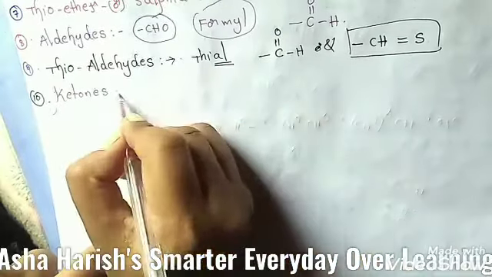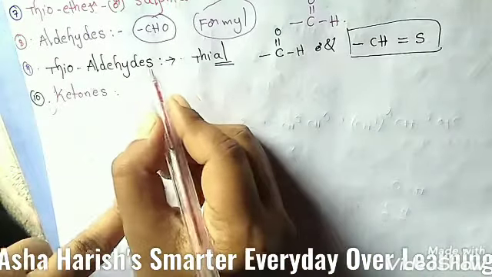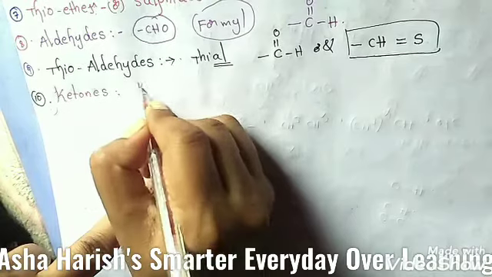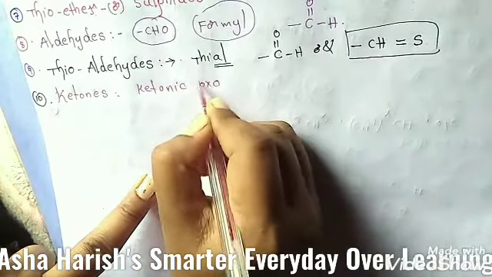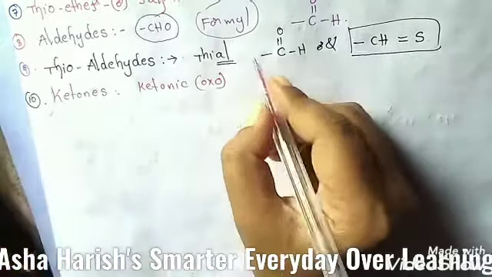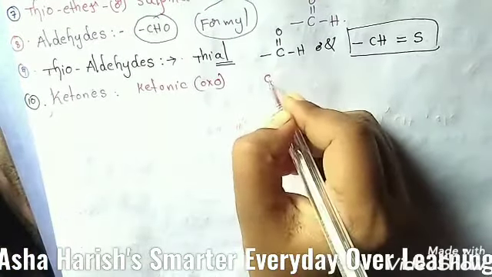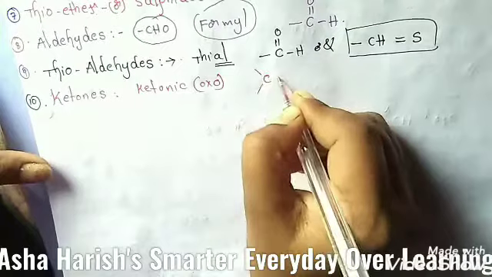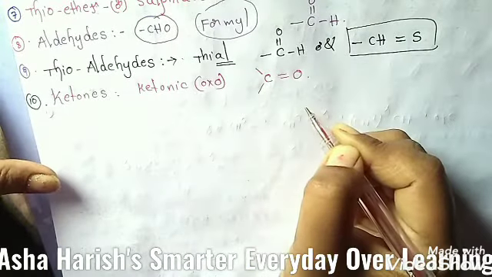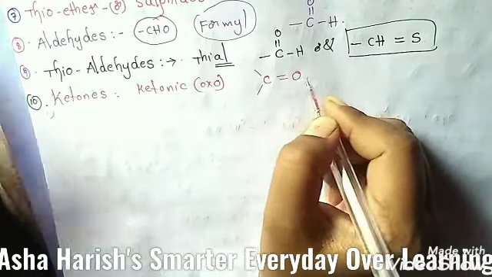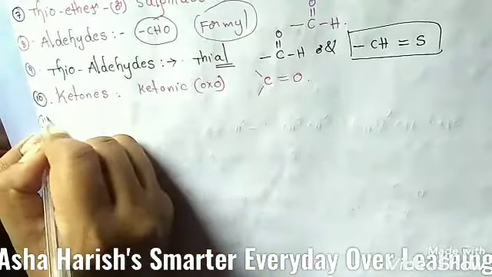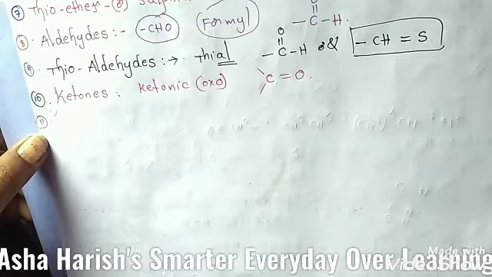Okay, then these are the ketone group, and the name of the functional group should be ketonic, and you can represent them as oxo. Okay students, the functional group here is carbon double bond O, with R and R dash.